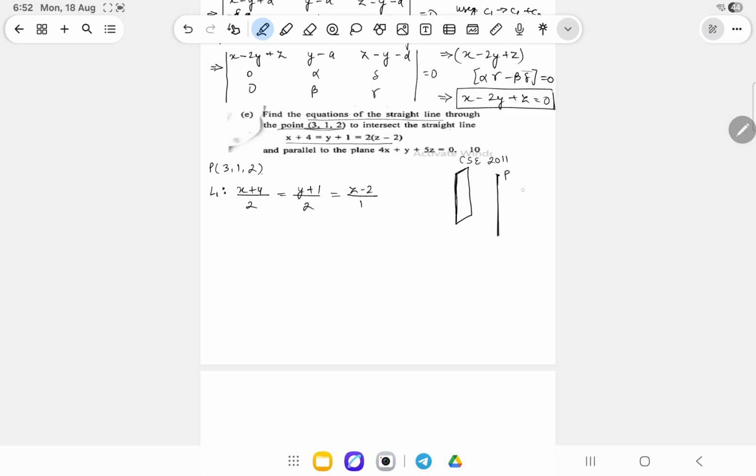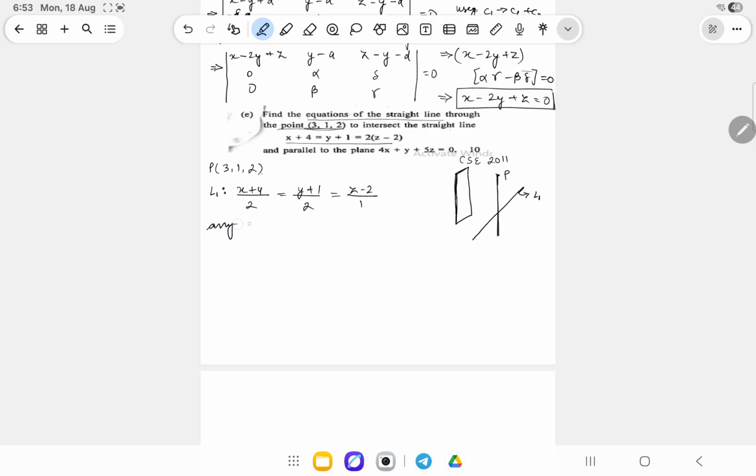So this will be my line L1. We are supposed to find the equation passing via P which intersects L1, and this line is parallel to the given plane. If the line via P intersects L1, there is a common point between the line via P and line L1.